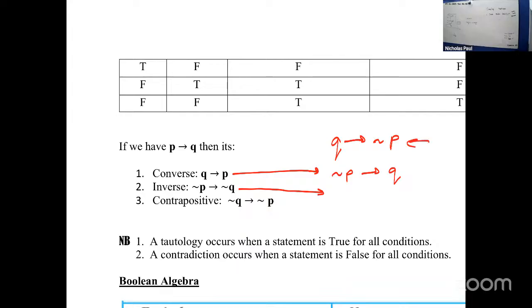You negate Q and you negate the negation of P. If you negate something twice, it cancels off. So your final answer is the negation of Q implies P.